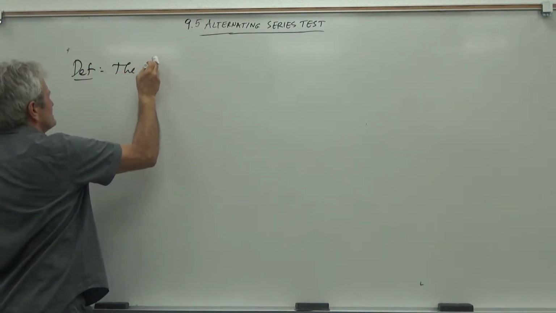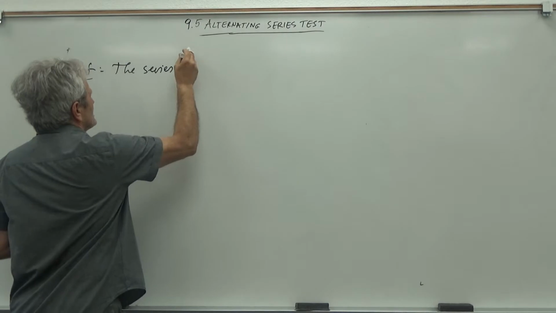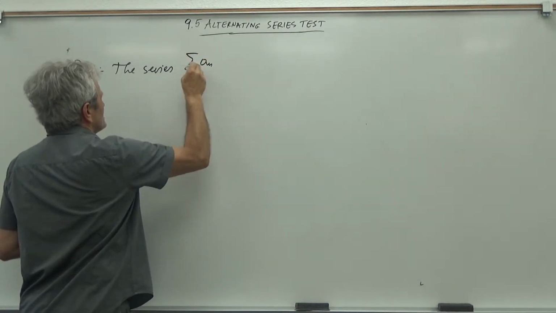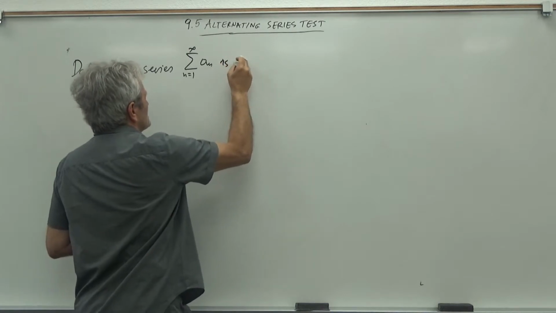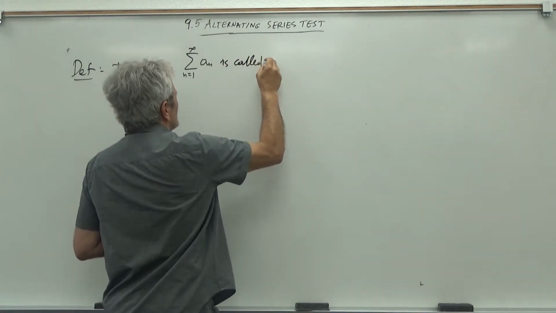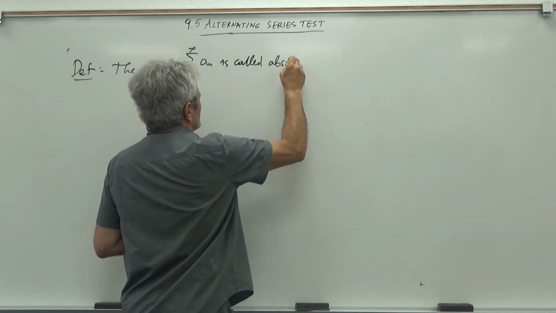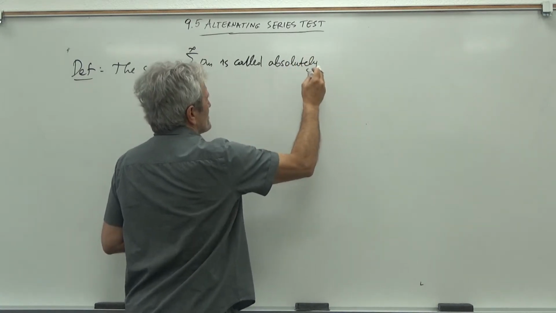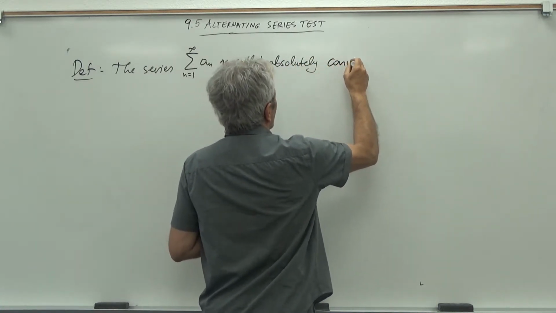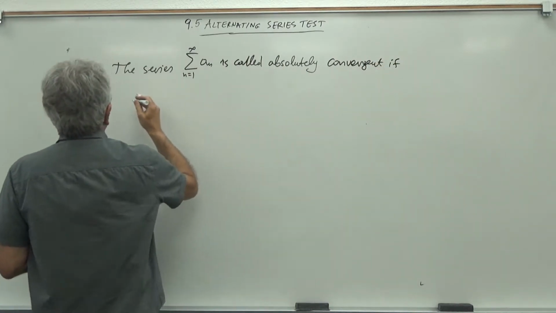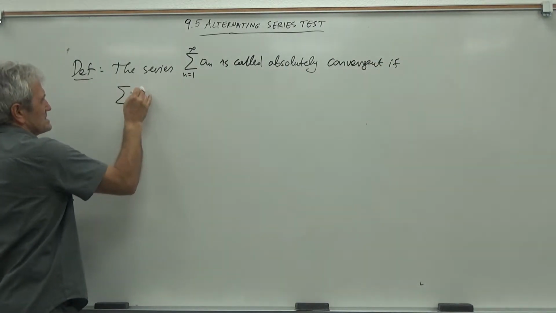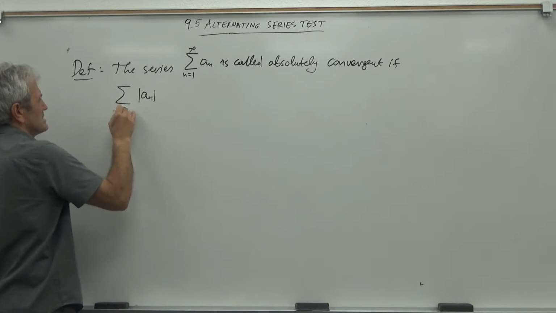The series sum of a_n, n equals 1 to infinity, is called absolutely convergent if the series consisting of absolute values converges.